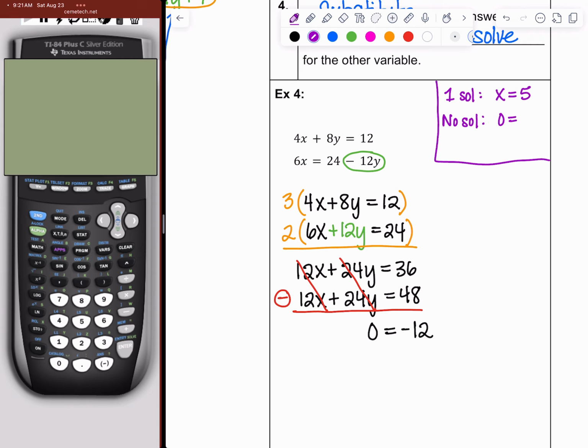So like we have here, 0 equals negative 12. Infinitely many solutions or infinite solutions is when you have a number equal to itself. So that's like 4 is equal to 4, or 0 is equal to 0, or x is equal to x. That is infinitely many solutions. So this one is no solution.